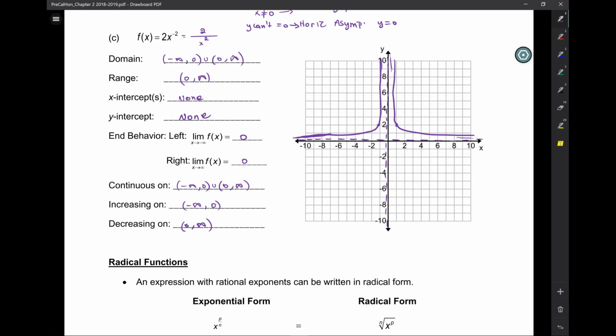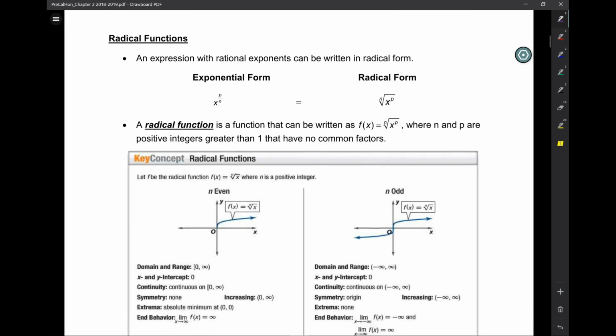Moving on from power functions to radical functions. So this is an expression with rational exponents. And like I said before, if you have a rational exponent, you can write it in radical form, right? So if you have x to the power of p over n, first of all, this whole thing is a power expression.